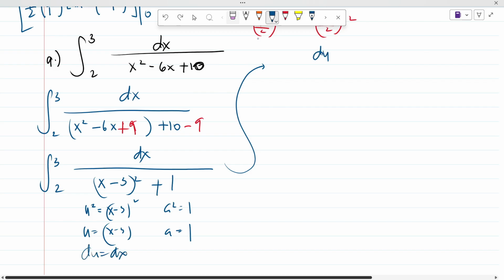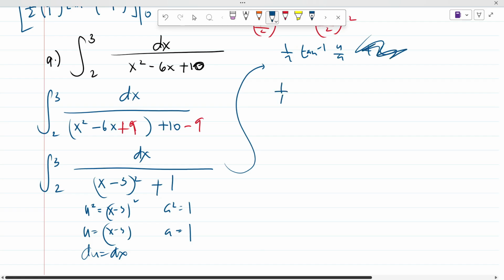So, du all over u squared plus a squared. So, arctan to, di ba, guys? Burahin lang natin guys. Yung arctan guys, di ba yung formula yung ganito? 1 over a, tangent negative 1, u all over a, plus c yun, di ba? Since definite to, huwag natin lagyan ng plus c.